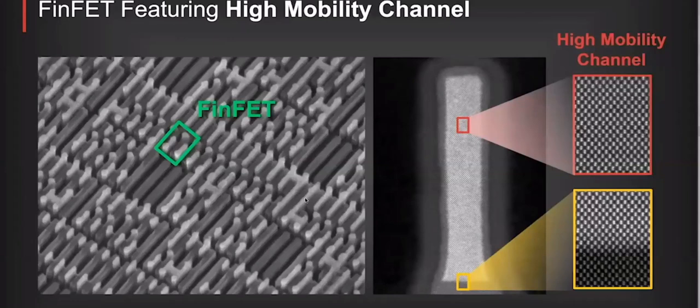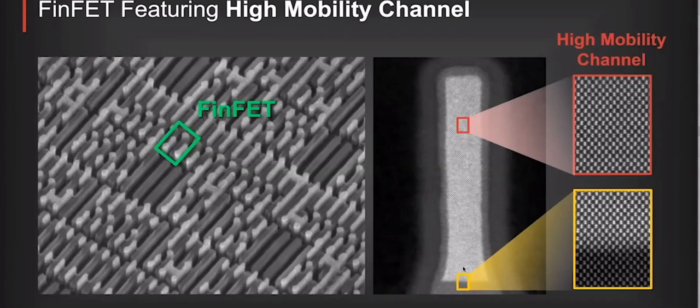So how does it look in real life? This was presented in 2021, a few months ago at the ISSCC conference, by the chairman of a company in Taiwan called TSMC. He presented an image of how it looks in real life. This is the FinFET featuring a high mobility channel, and this is a cross-section of the fin.